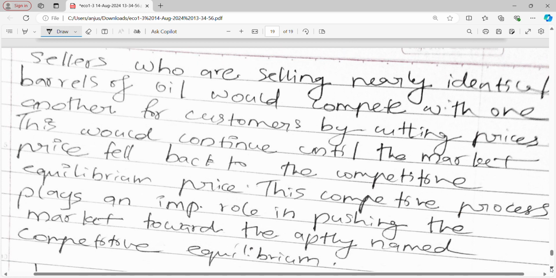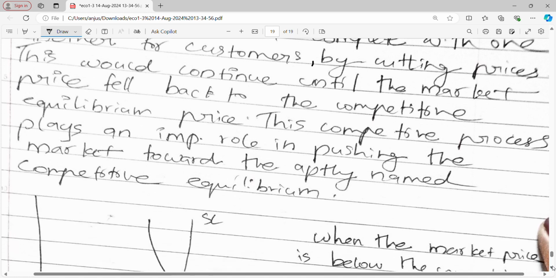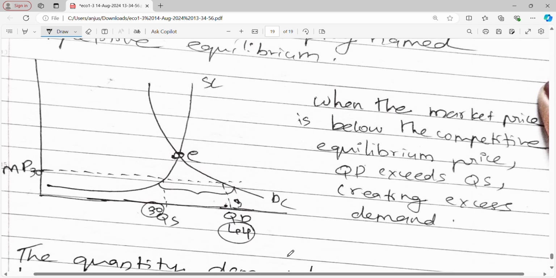Sellers who are selling nearly identical barrels of oil would compete with one another for customers by cutting prices. This would continue until the market price falls back to the competitive equilibrium price. This competitive process plays an important role in pushing the market towards the aptly named competitive equilibrium price.